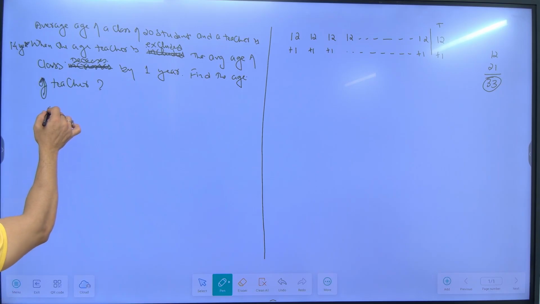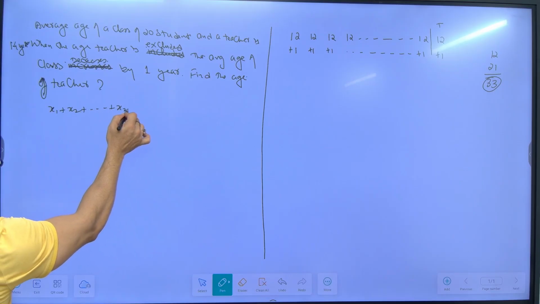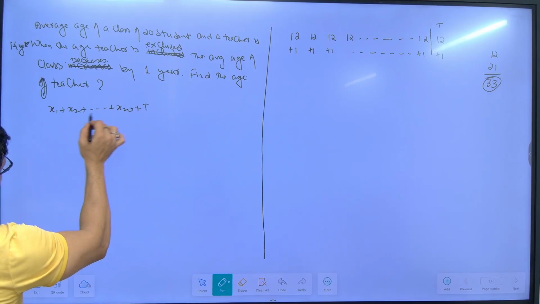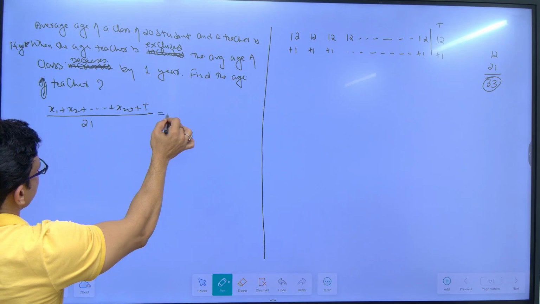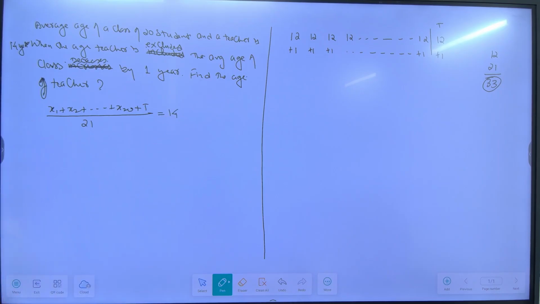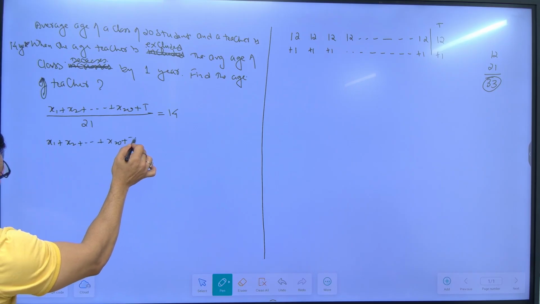See, initially x1 plus x2 plus up to x20 plus teacher, divided by how many people? 21. And the average is 14 years. What is x1 plus x2 plus up to x20 plus teacher?